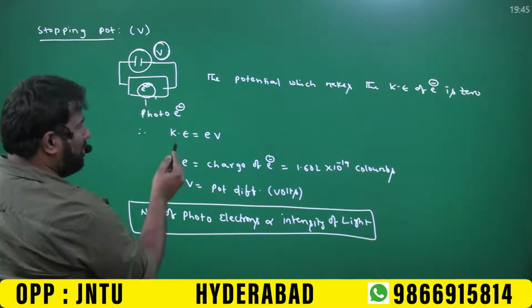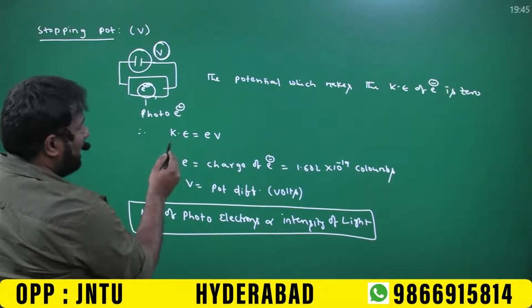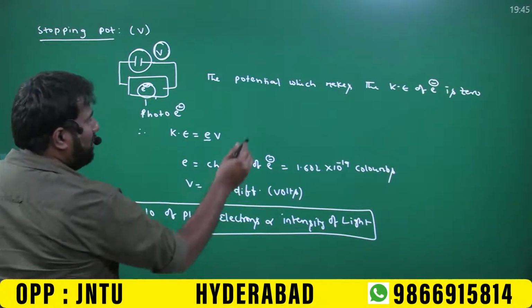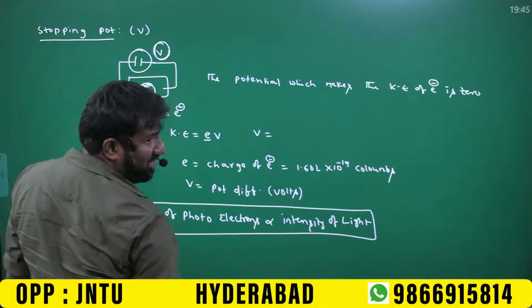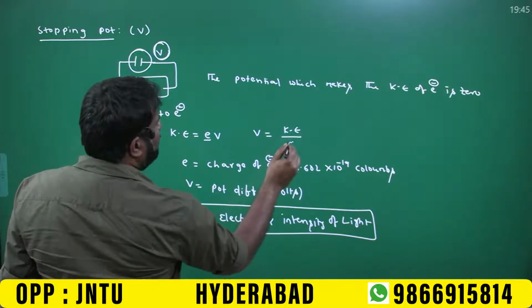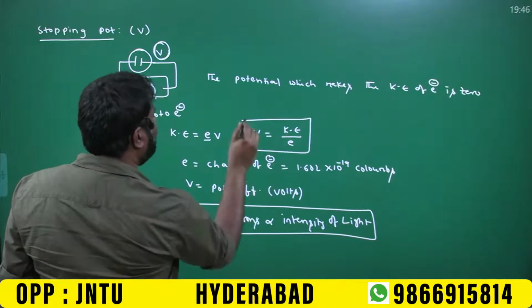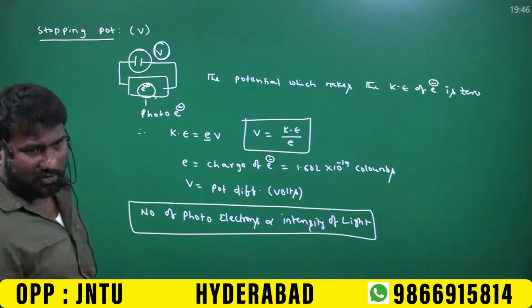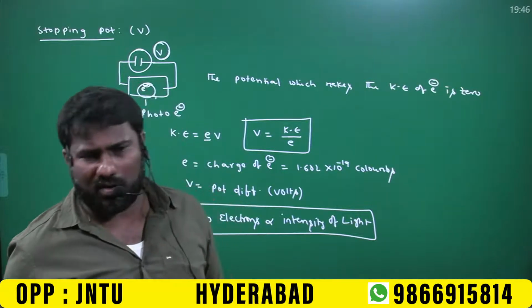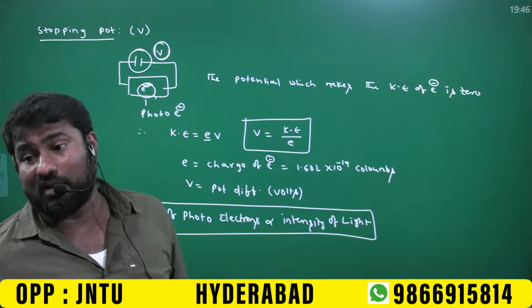Kinetic energy equals charge of electron into stopping potential, so stopping potential equals kinetic energy by charge of electron. The charge of electron is always constant, 1.602 into 10 power minus 19 coulombs.